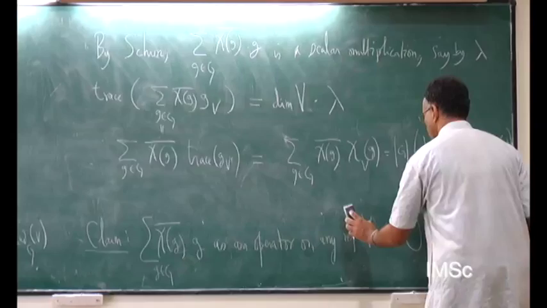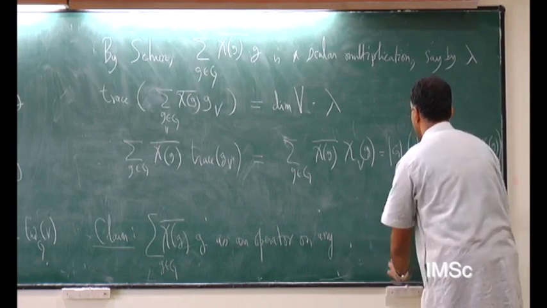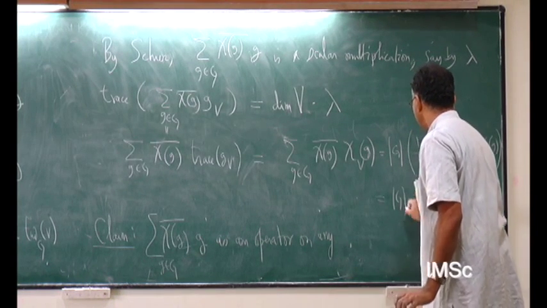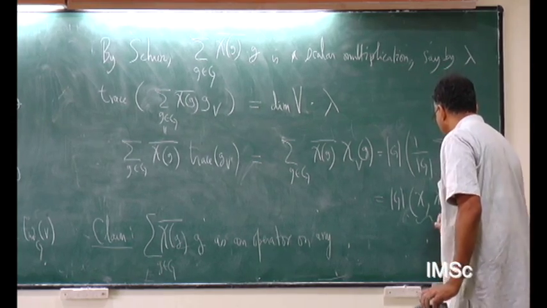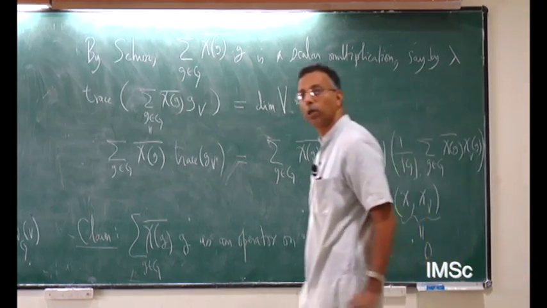But this is equal to |G| times the inner product with chi_V, but this is 0 by hypothesis, because it's orthogonal to all the characters.